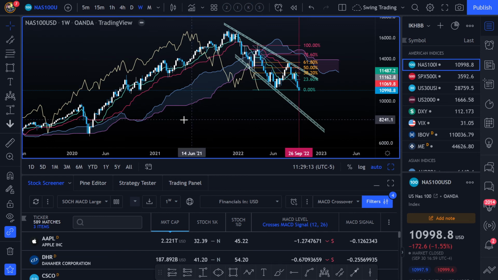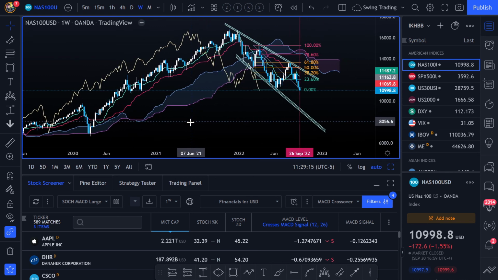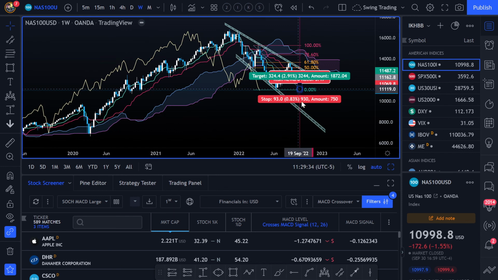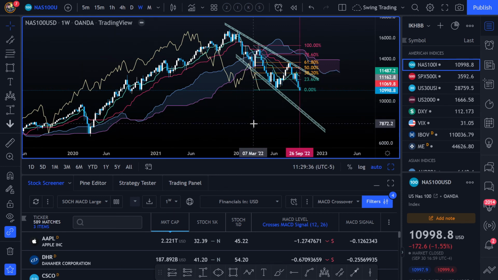So, well, I am not a fundamental analysis expert, and I am not a macroeconomist, but well, I am just telling what I see in the charts, and the charts are telling me that these are the targets. So let's see what happens.